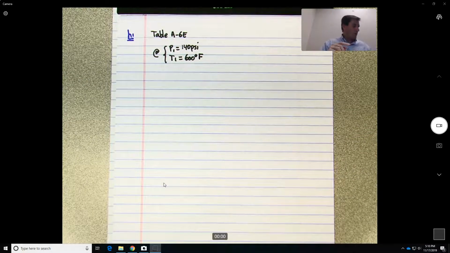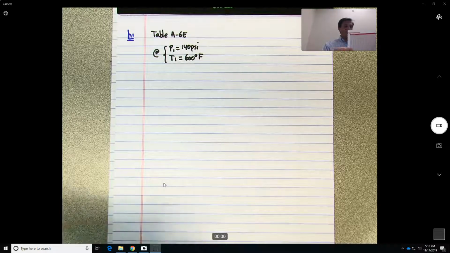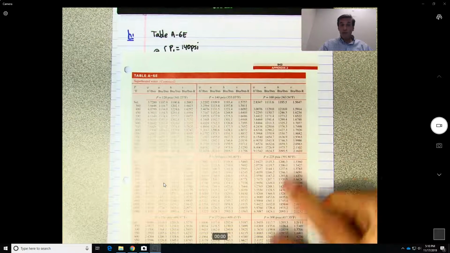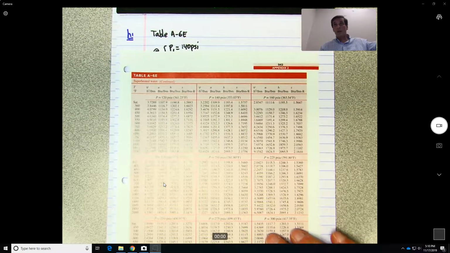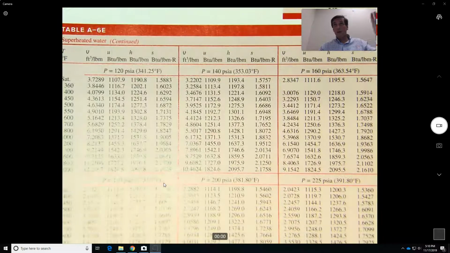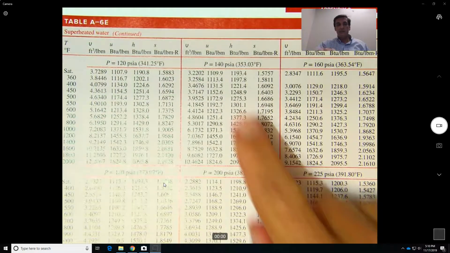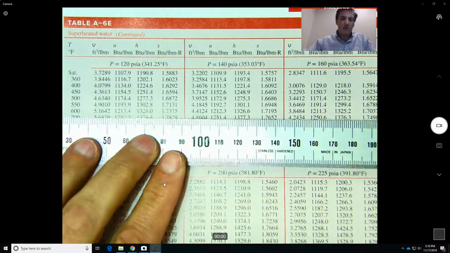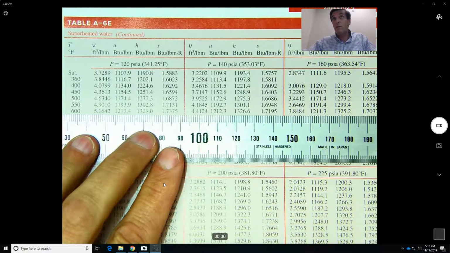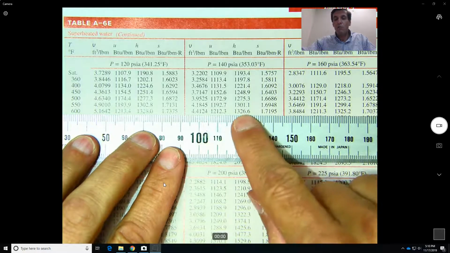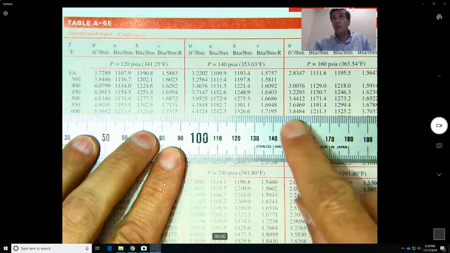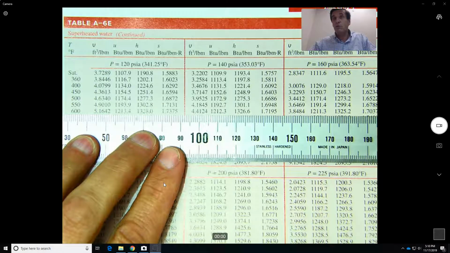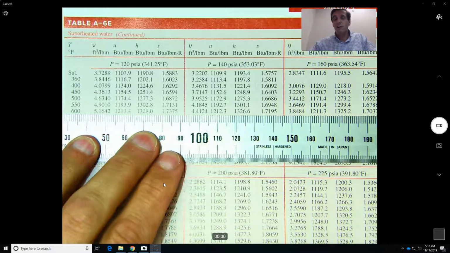So if we go to the tables, 140 psi is this table over here, and at 600 we go over here. What is the enthalpy equal to? 1326.6, and the entropy to 1.7195.